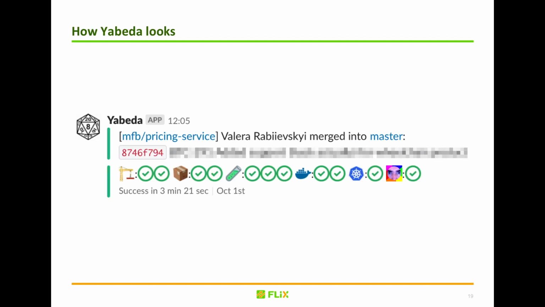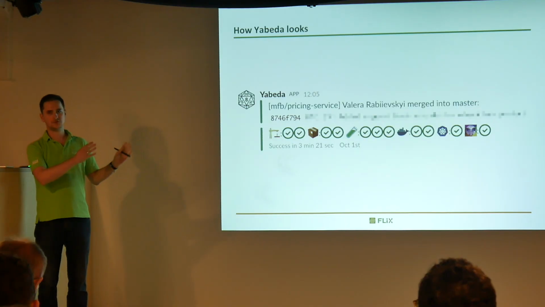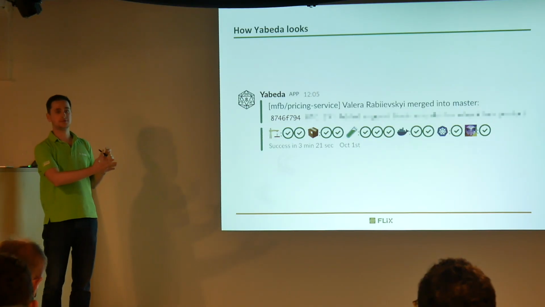And notifications now look like this. So you see which project is being deployed, who is deploying it. You see commit messages again. And now you see not only the status of the whole pipeline, but the status of every job in this pipeline. And actually Yabida is updating this message every few seconds while it's being deployed, so these job statuses look like a progress bar.